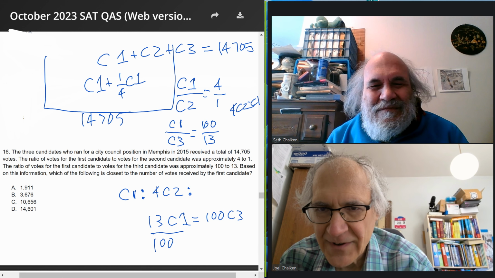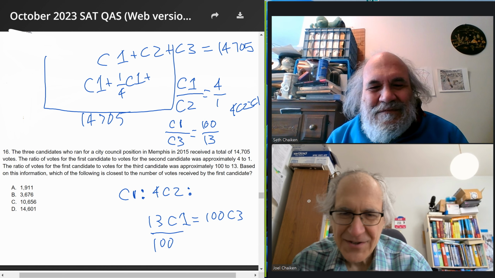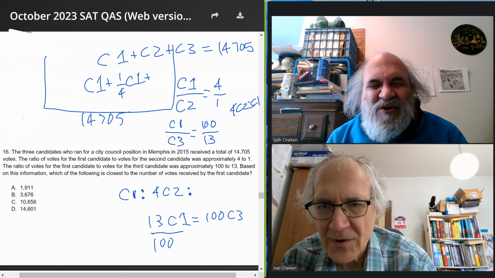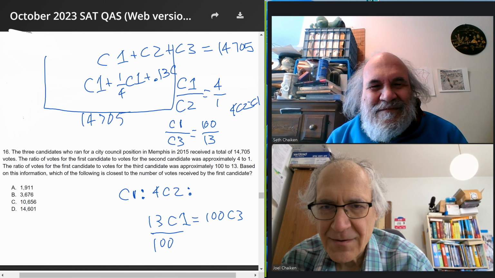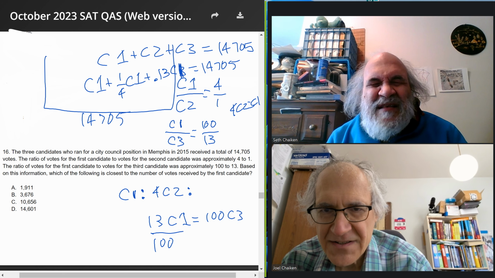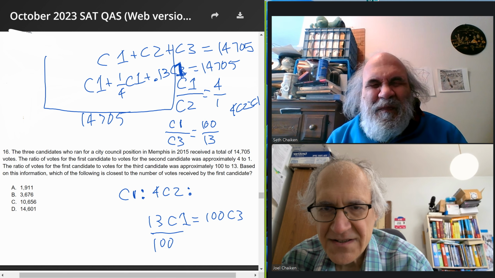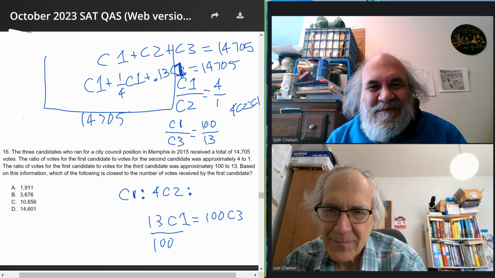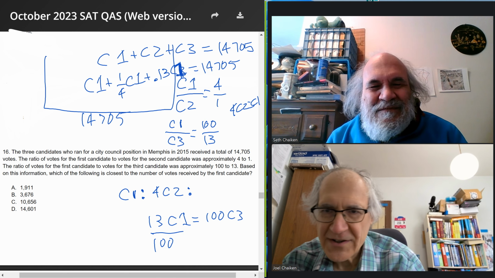So that's weird. We don't like 13 over 100. Actually, we do like 13 over 100. 13 over 100 is 0.13. It'll be easy to deal with. Oh, this is working out, because a quarter is also known as 0.25.